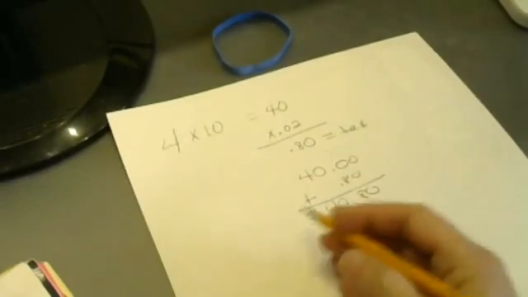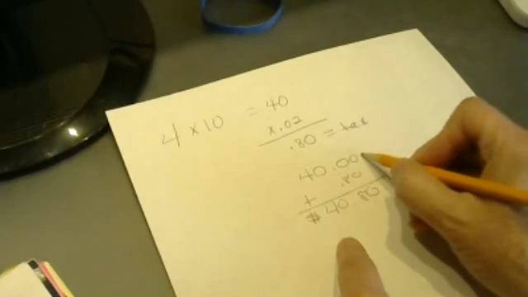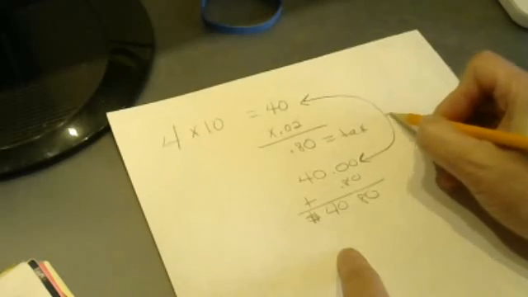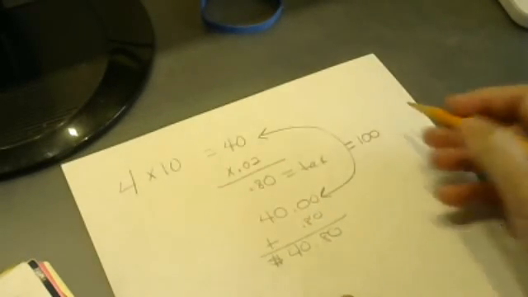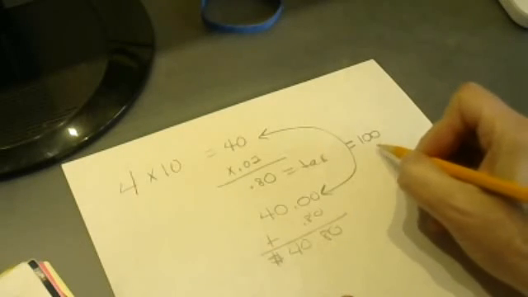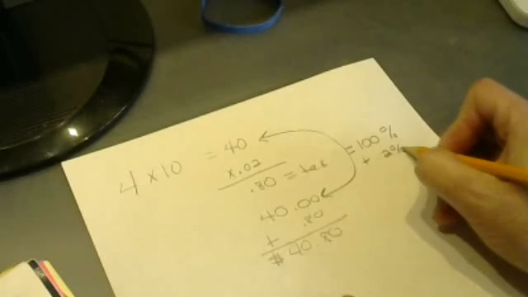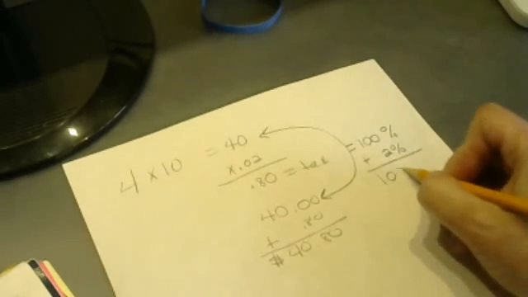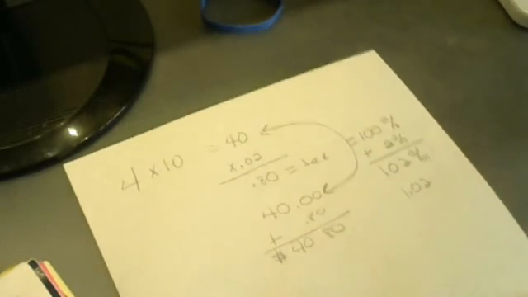So instead, notice that I had to put the 40 back in. So that 40 is 100% of my total. The tax is 2%. So 102% is the same as 1.02.